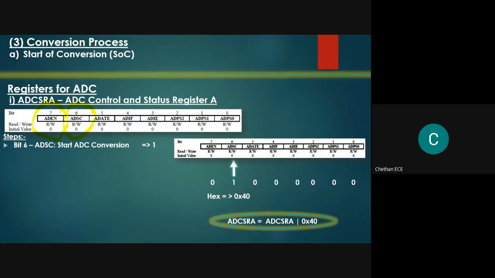Okay, very good. After starting the conversion, the ADC will take some time to complete the conversion process. To ensure that the end of conversion is successfully completed, we have to wait for the conversion process. The sensor will get the analog signal.